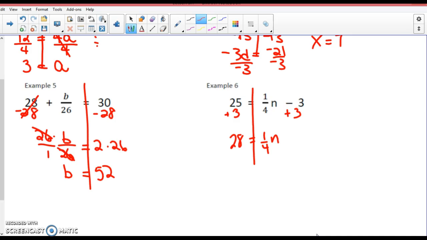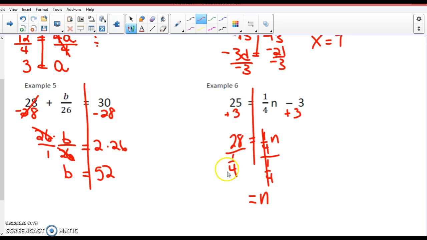Now, we are going to do this part two ways. What does 1/4 n mean? Yep, multiplying by 1/4. What is the opposite of multiplying by 1/4? Everybody? So, we're going to divide both sides by 1/4. And I'm going to show you this, and then I'm going to show you an easier way. 1/4 divided by 1/4 is 1n equals.